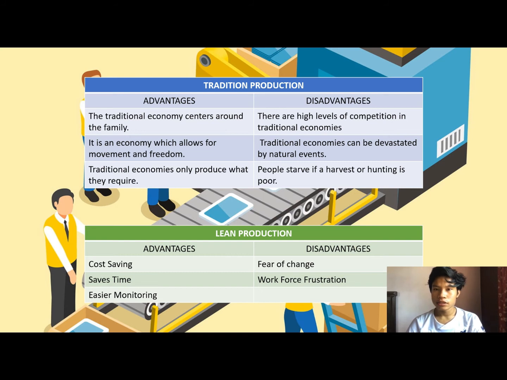The last one for this disadvantage is people starve if harvest or hunting is poor. Farmers, hunters, and gatherers contribute to the traditional economy by providing food for the entire community. There is a good probability that the people living in such an economy will go hungry if there is not enough food available.